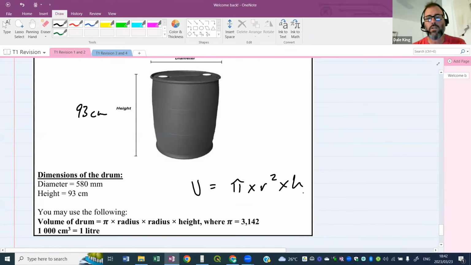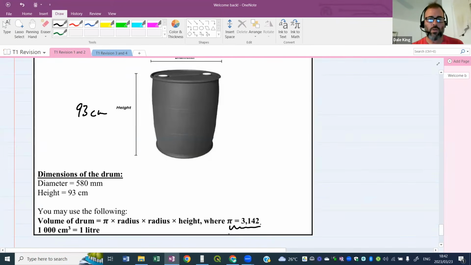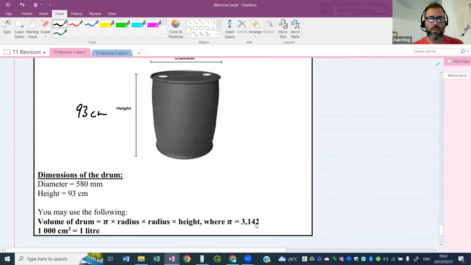That's the one that we actually learned. But they can give it to you in a different way. So the pi is over there, radius times radius is radius squared, and height is the h over there. So it is the same, it just looks different. Don't let it throw you off. It's a volume formula, the same one we used before, and they say pi is equal to 3,142, so we'll use that.